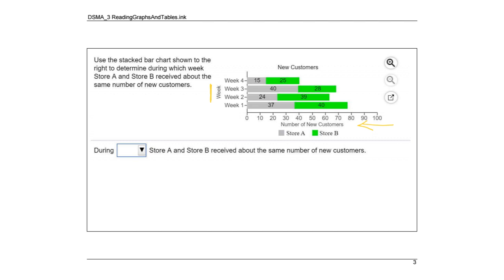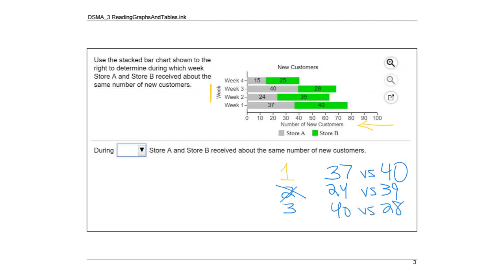Okay, so let's look. Week 1, we've got 37 versus 40. That's pretty close. Week 2, we have 24 versus 39. That's not good. Week 3, we have 40 versus 28. Those are not about the same.